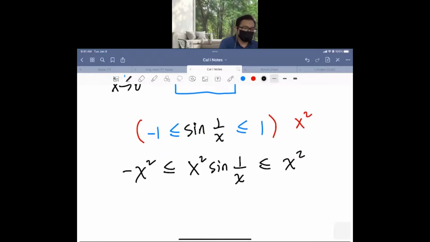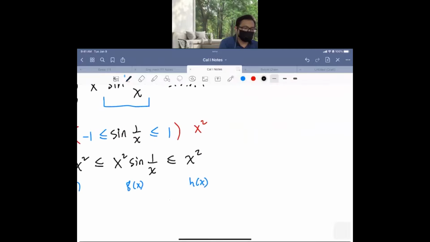So we can use our squeeze theorem. Let's say this is F, this is G, and this is H. Of course, for the left and right, we know for sure that when we take the limit, it will equal 0. So because of that, our squeeze theorem says that the middle will also equal 0.